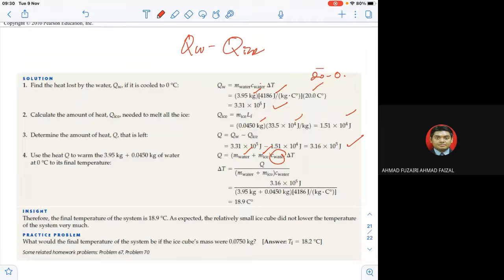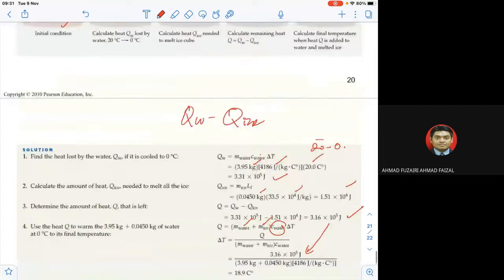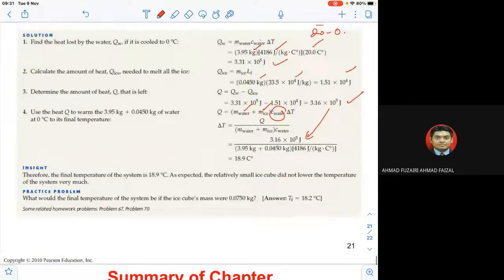So the value will be 3.16 times 10 to the power of 5, the remaining heat, and then 3.95 plus 0.045 times the specific heat of water, and then you will see that the final temperature will be 18.9 degrees Celsius.